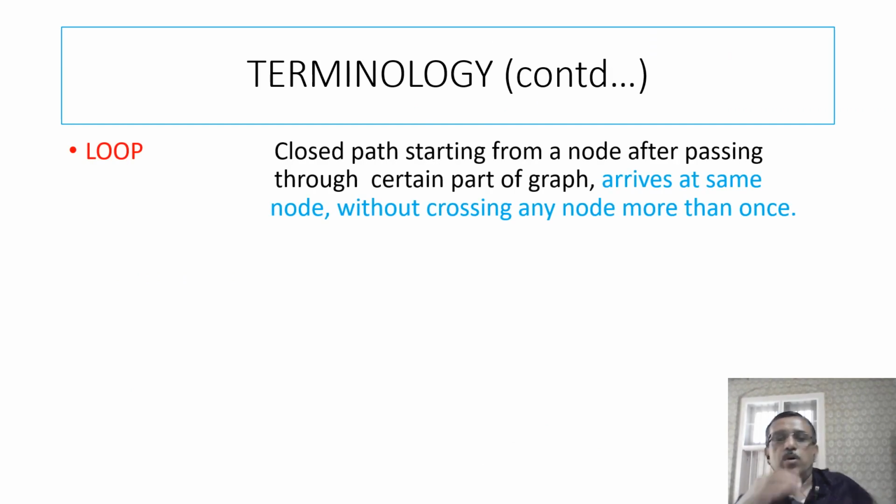Loop: a closed path starting from a node, after passing through certain parts of the graph, arrives at the same node without crossing any node more than once is called a loop. So closed path and loop are very similar. The main difference is a loop will not visit a node more than once.